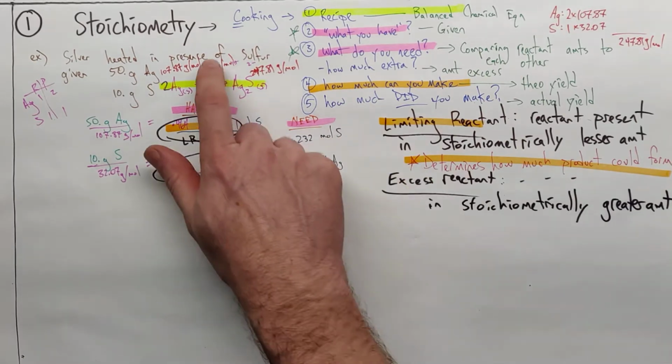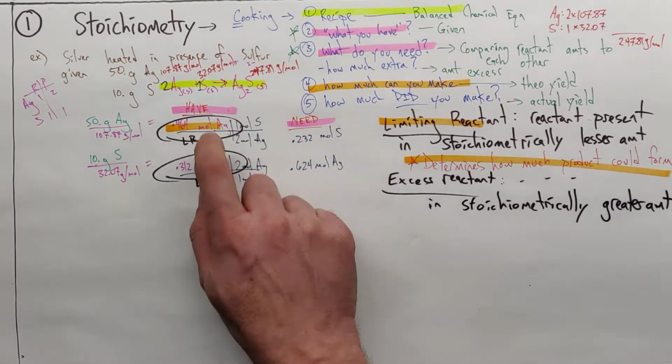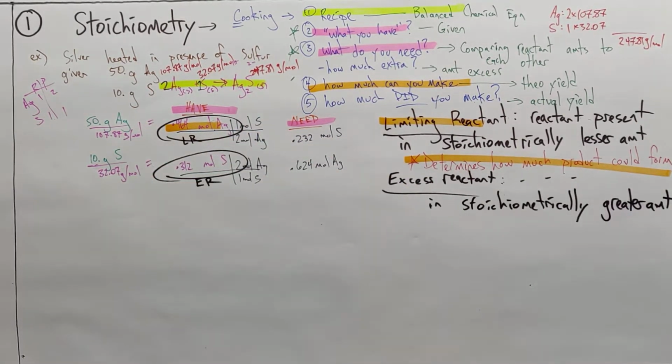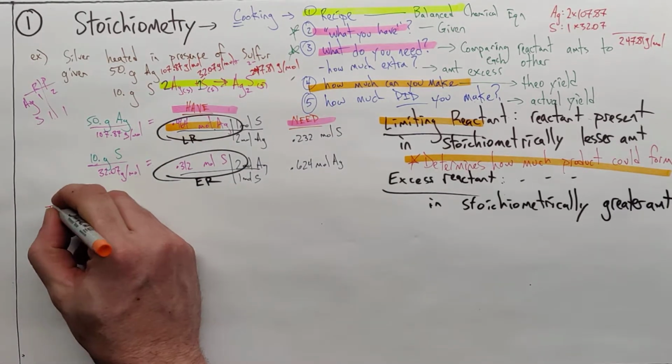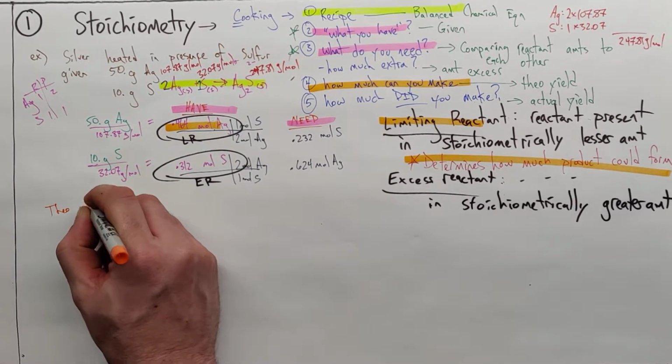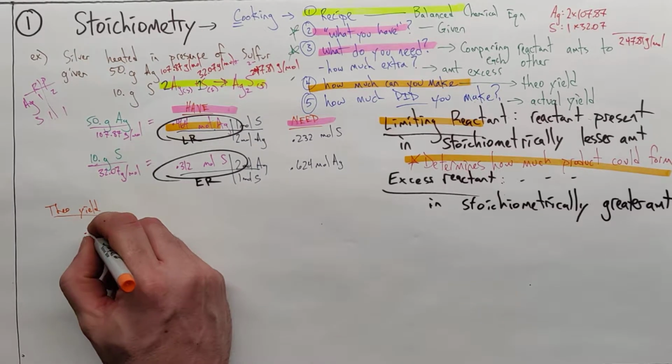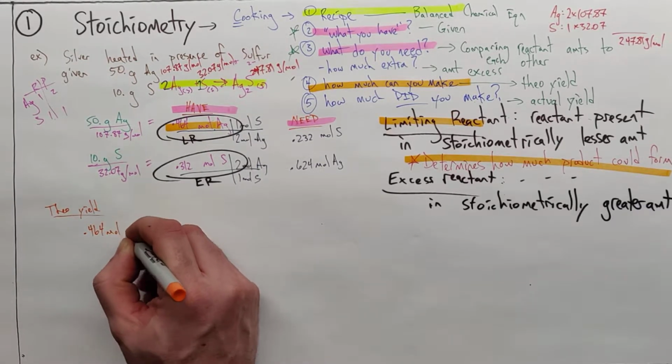First step here, compare your reactants to each other to find your limiting reactant, and then we're going to get a theoretical yield. I'll leave a little room right here for something that will sneak in at the end. For our theoretical yield, we have 0.464 moles of silver.